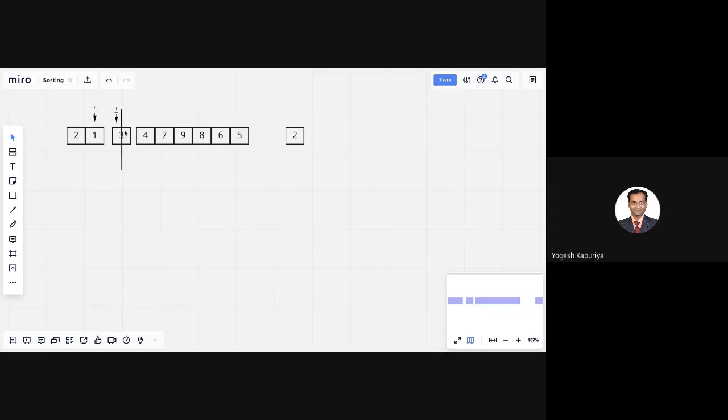It indicates the termination of the algorithm, it indicates that you have found the partition, and that partitioning is represented by this index, that is J. And before you return, you will swap A of J with pivot. A of J is 1, so that will be swapped with pivot, and this is your partitioning.